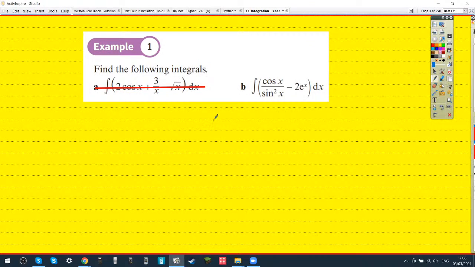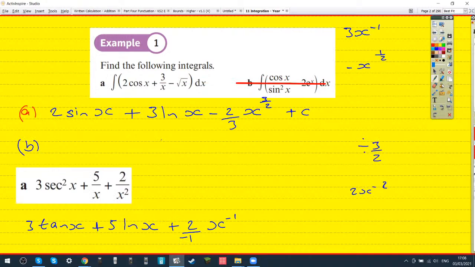Another way to write it is cos x over sine x times sine x. What is cos x over sine x? Same as tan to the -1.